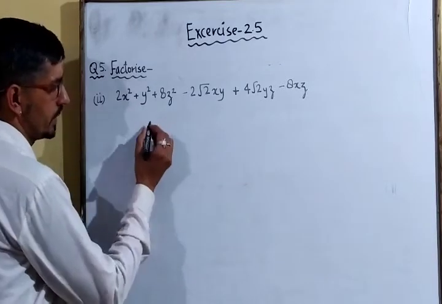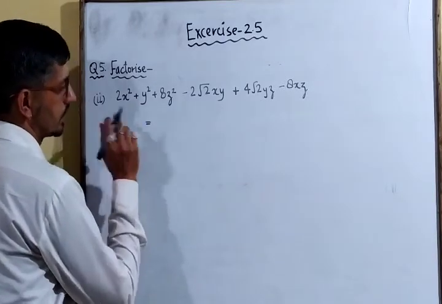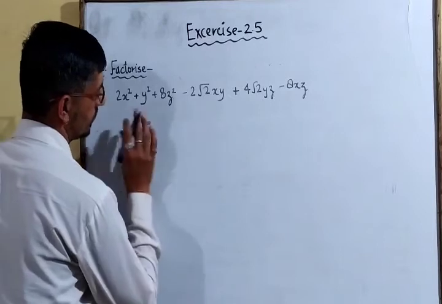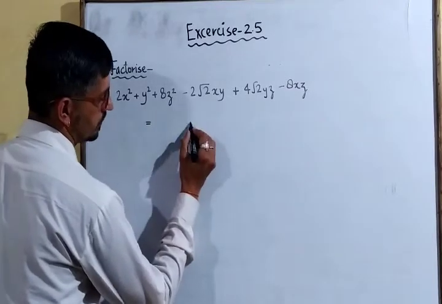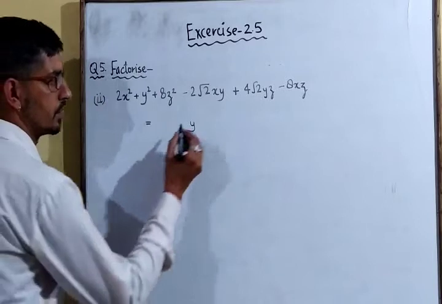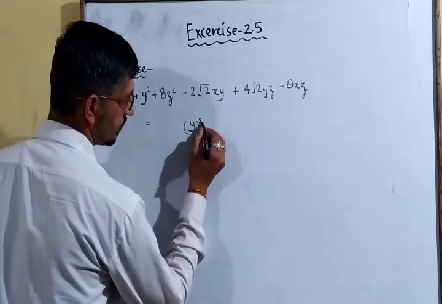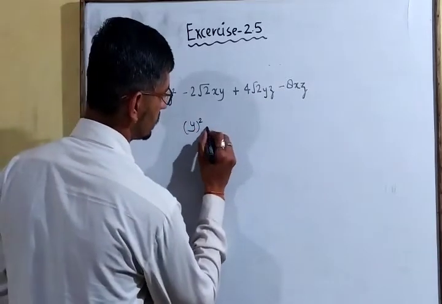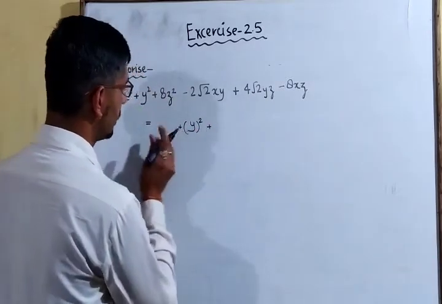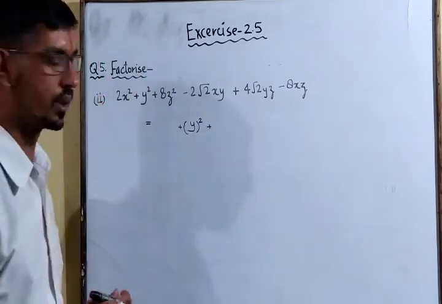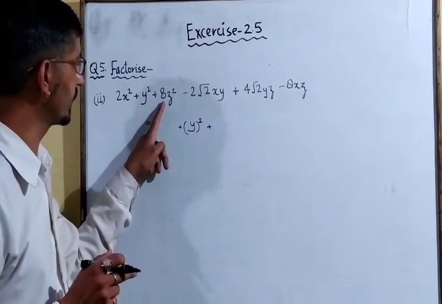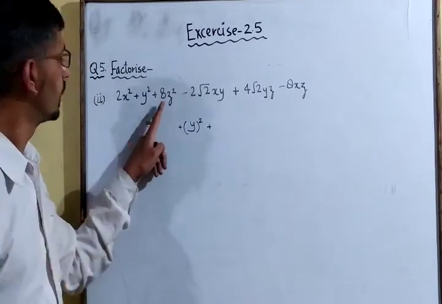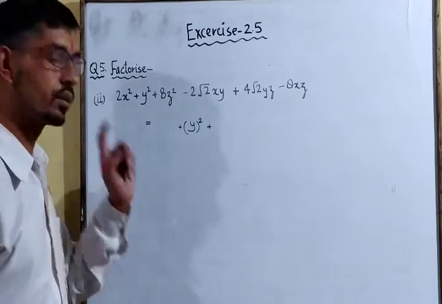So first what we will do? We will convert this. So first term, leave the first term. Now move on to the second term. The second is making y square. Okay. Now here leave the first term and the third term because we are not understanding whose square 8 is and whose square 2 is.